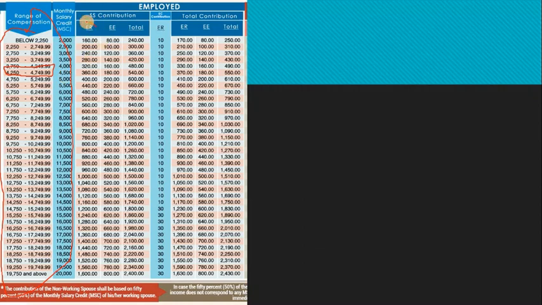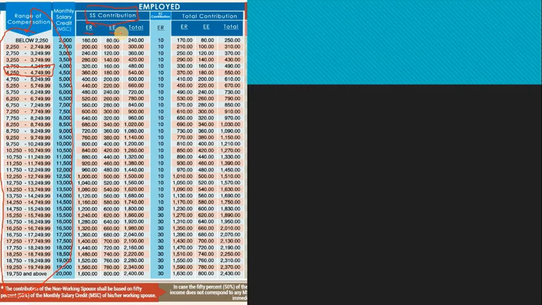Okay, so you can observe we have this here, the SSS contribution. We have ER. When you say ER, it refers to the employer, or your company where you are working. When you talk about EE, that is you as an employee. So why do we have this portion of SSS contribution, the ER and the EE, the employer and the employee?